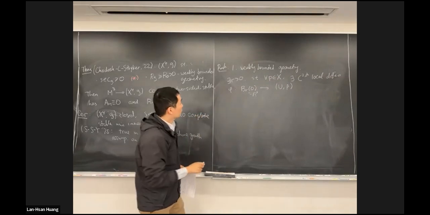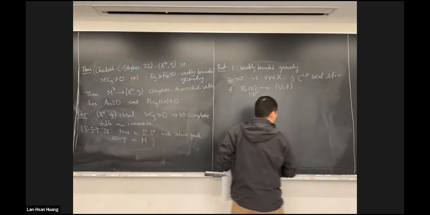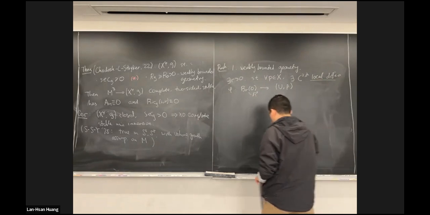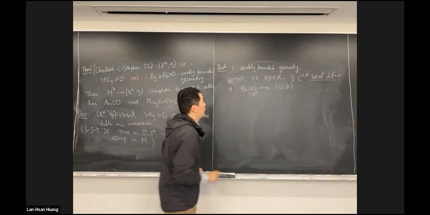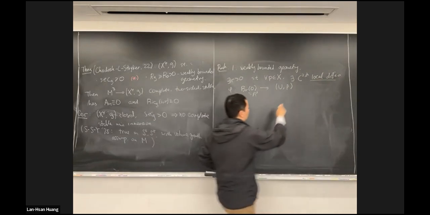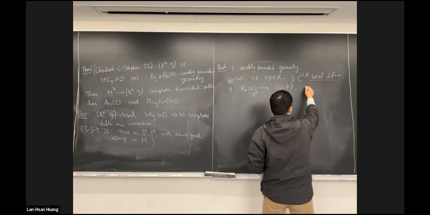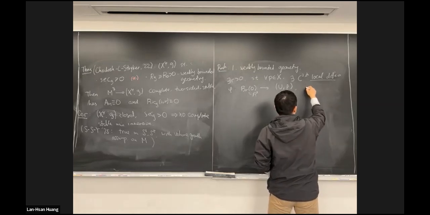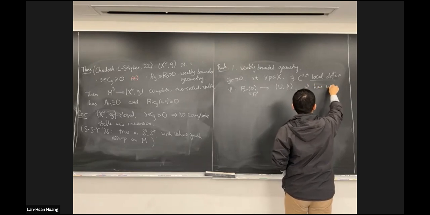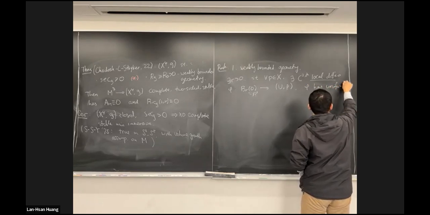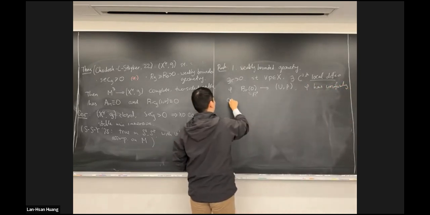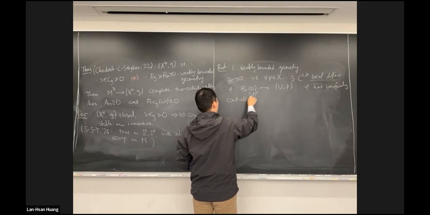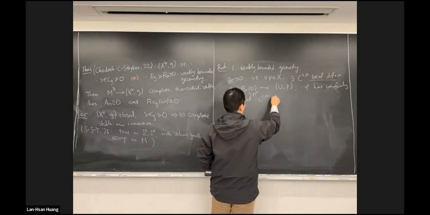So, for instance, we're only assuming a local diffeomorphism, not a diffeomorphism on this whole B_R, but with controlled, let's see, φ has uniformly controlled C^{1,α} bounds.